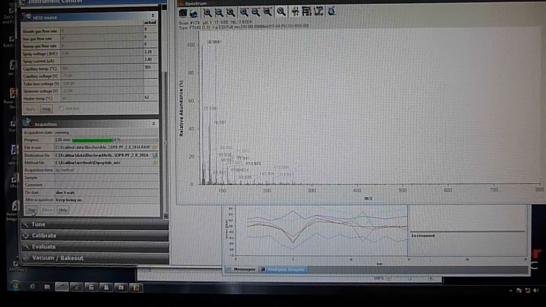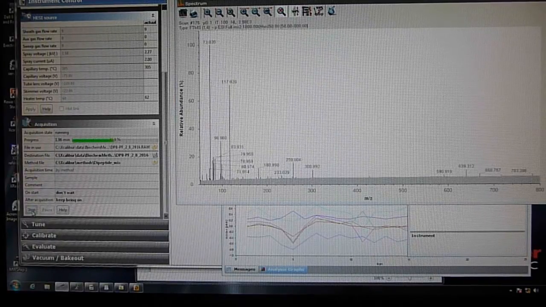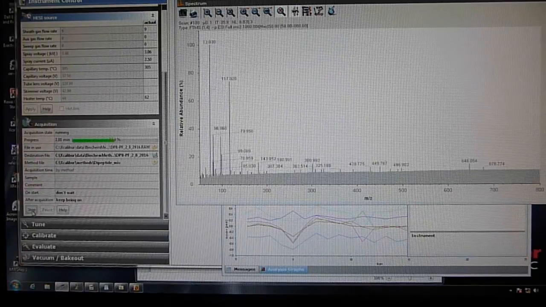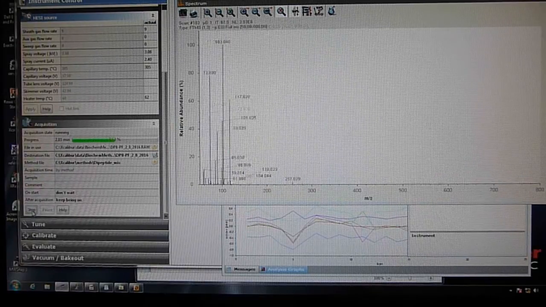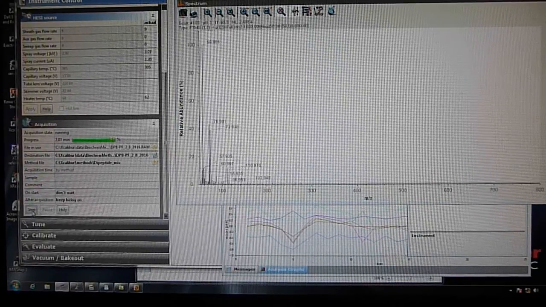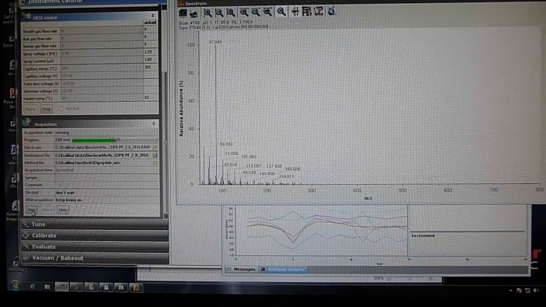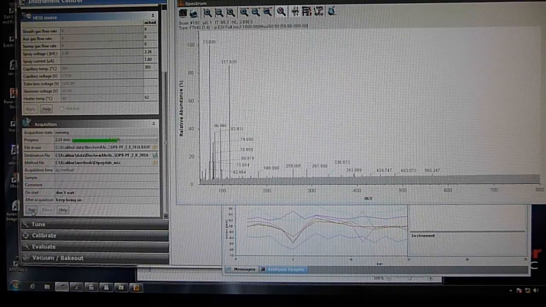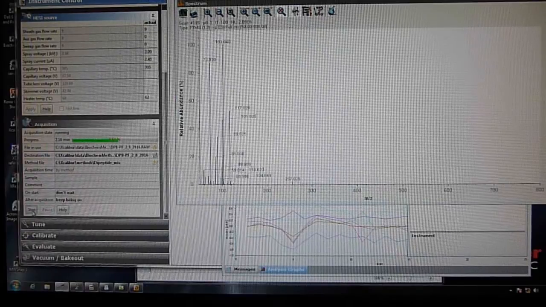I've loaded the sample loop again, and now it'll do an injection. And let's see if in about 10-15 seconds, 263, 265 show up again.